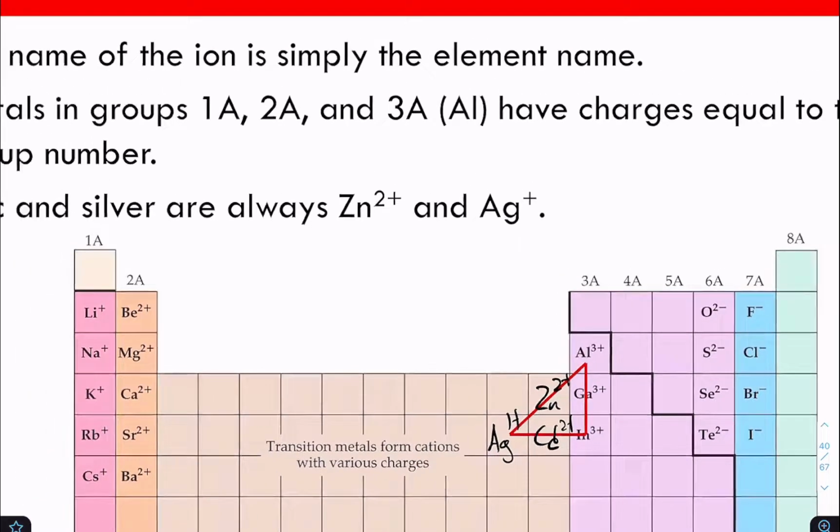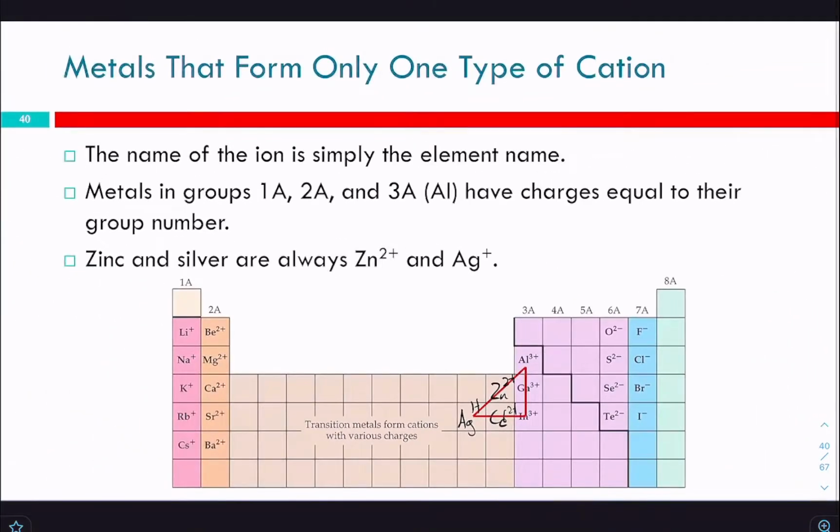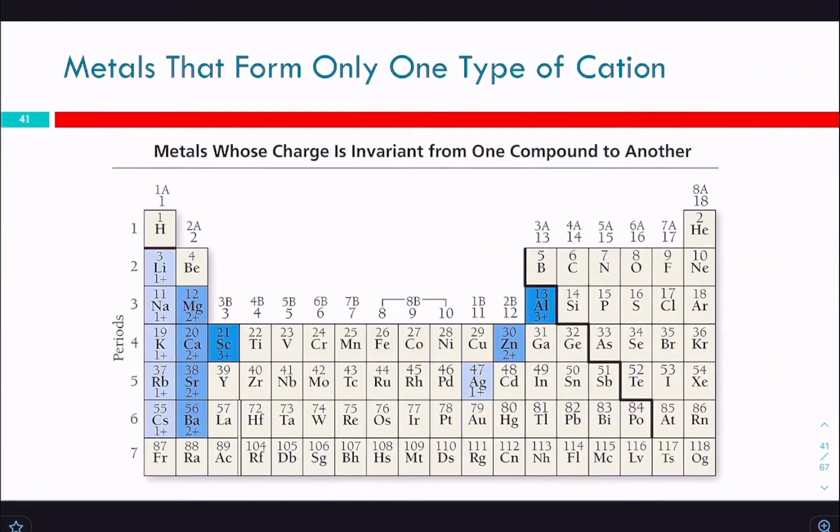But for naming ionic compounds, oh sorry, I forgot about scandium, which is 2 plus. These are the predictable cations. So if it's one of those, use the rules for predictable cations, which we'll get to. If it's not, then you use the other naming scheme. It's just another periodic table with just the metals on it rather than having the nonmetals.